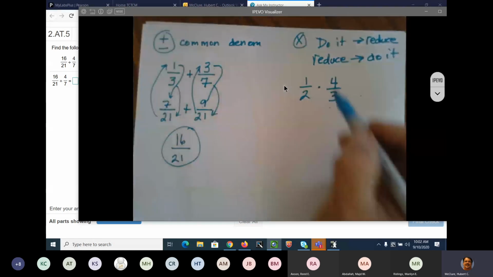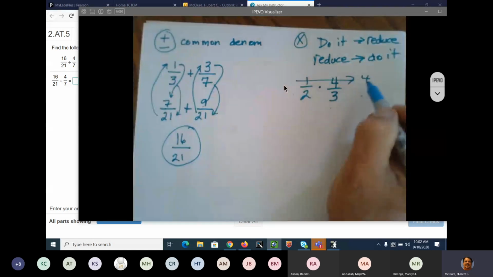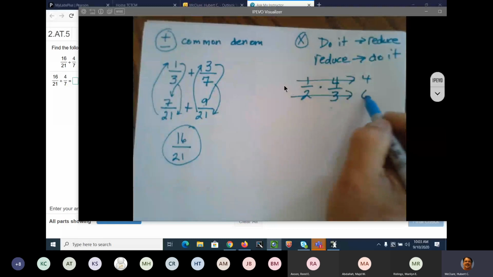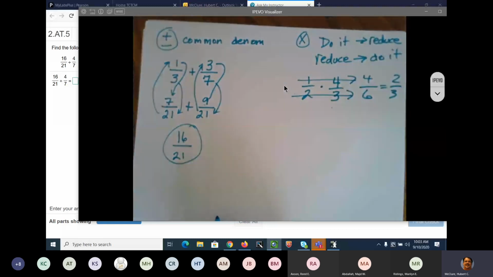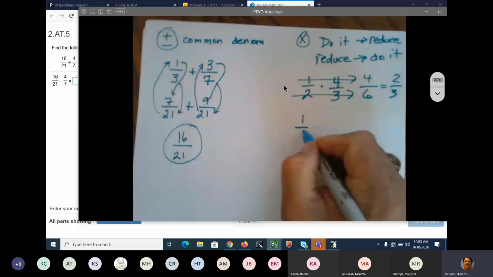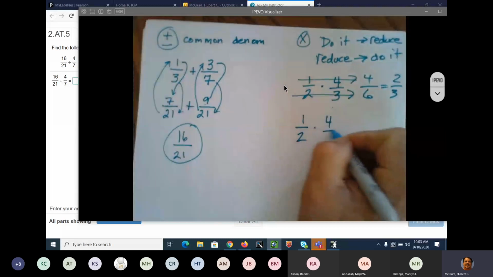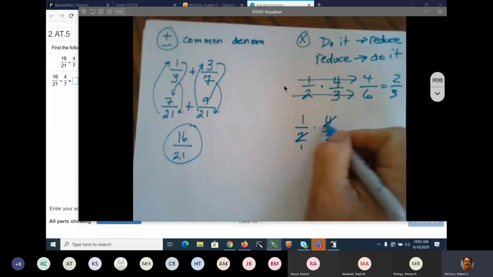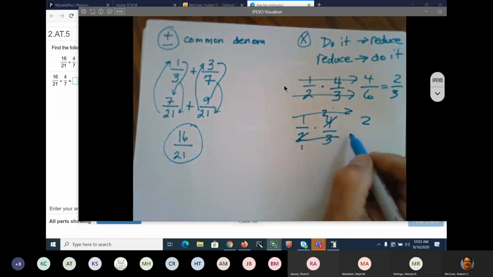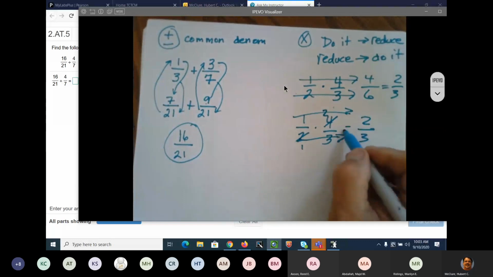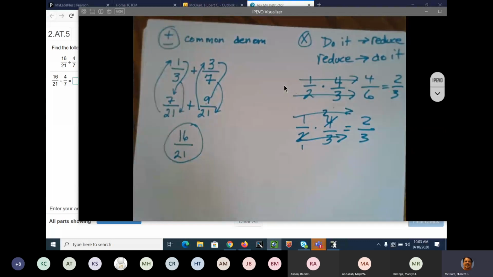Well, you can either do it, 4/6, and then 2/3 and reduce it. Do it and reduce it, or you can reduce and do it. However you want to do it is up to you. And that's how you multiply fractions.